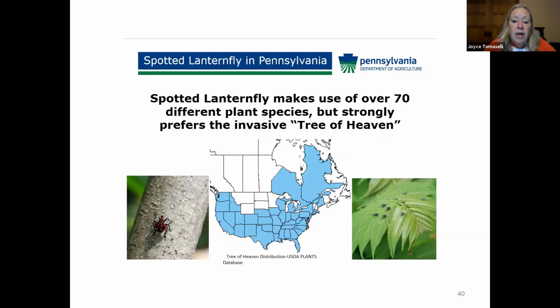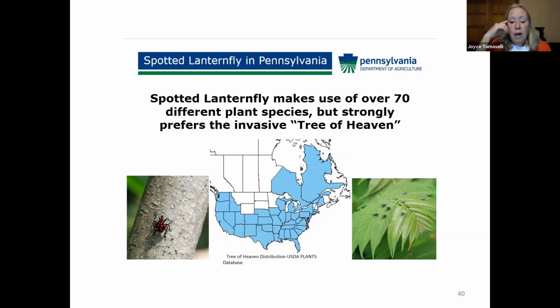So spotted lanternfly is a pest that came into our country about 10 years ago and is a real problem for crops. It's a leafhopper that sucks the sap, so it can bother fruit trees, it can bother grapevines, it can bother a lot of woodies.